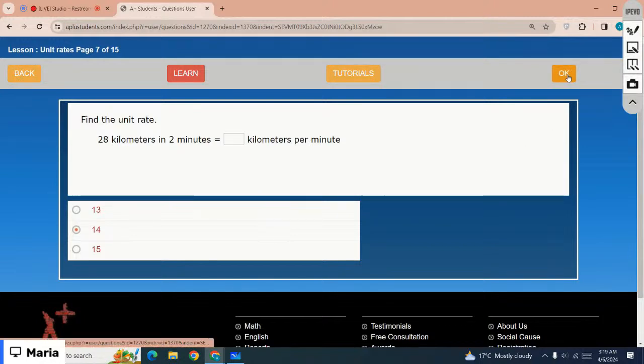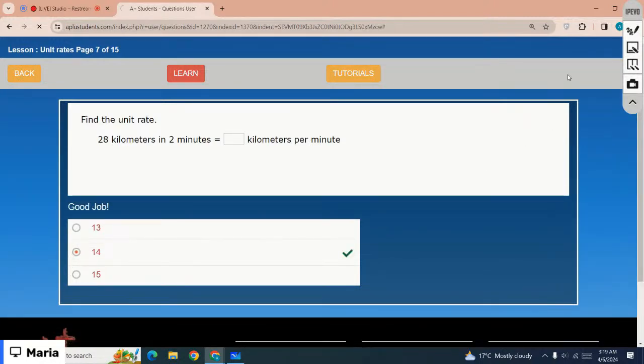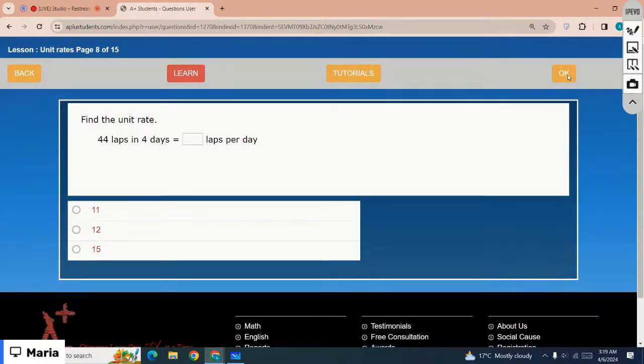The correct option is 14. 44 laps in 4 days. So which is the correct option? Yes, that is 11 laps per day. The correct option is 11.